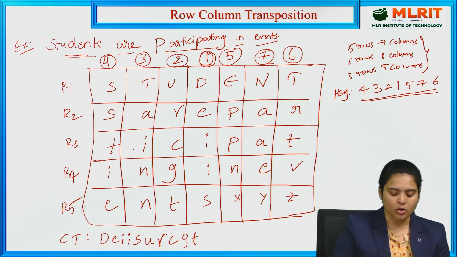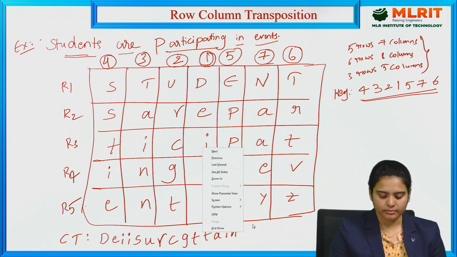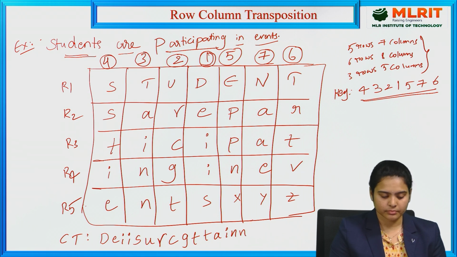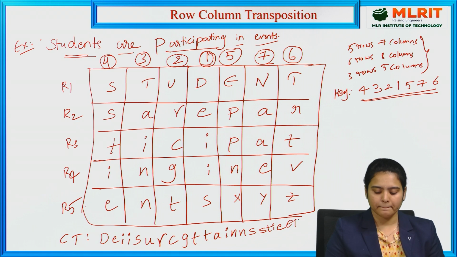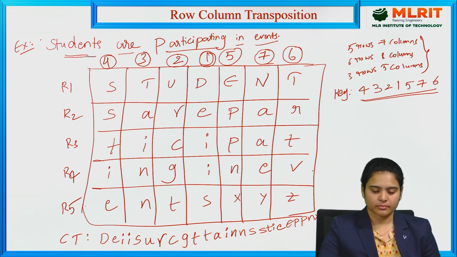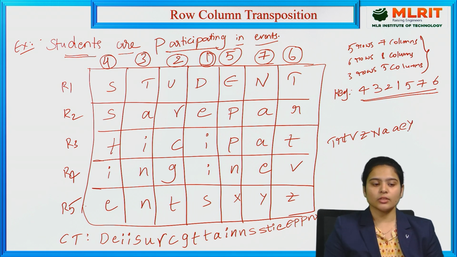The next, third column: T, A, I, N, N. The next, fourth column: S, S, T, I, E. The next, fifth column: E, P, P, N, X. The next, sixth column: T, R, T, V, Z. The next, seventh one: N, A, A, E, Y. So this is the ciphertext.